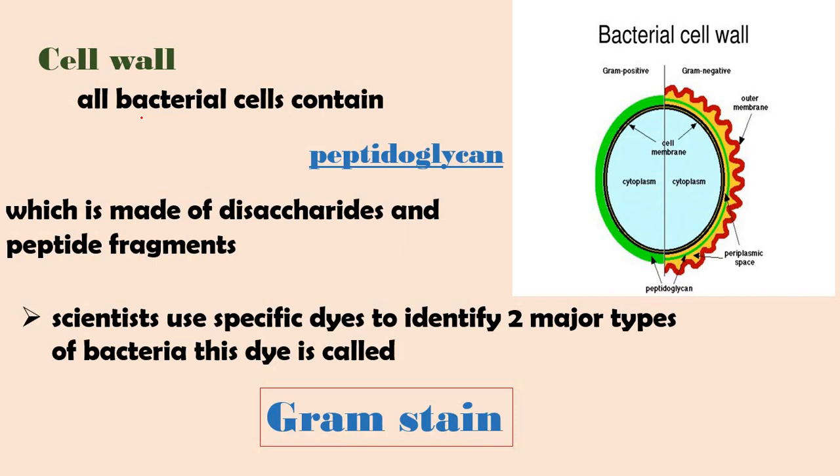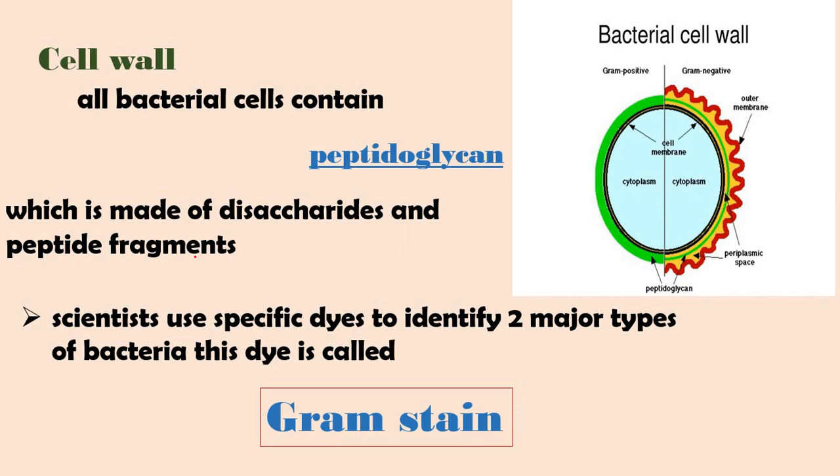Another way to classify or differentiate between bacteria is by differentiating between their cell walls, the components of the cell wall. The cell wall of all bacterial cells contain what's called peptidoglycan. This peptidoglycan membrane is formed of disaccharides, and we said before that saccharides are sugars, and peptide fragments.